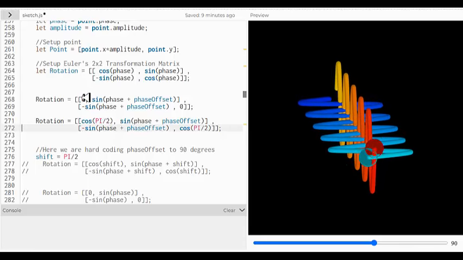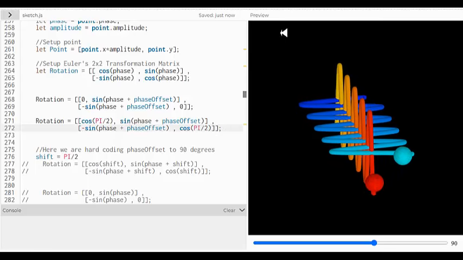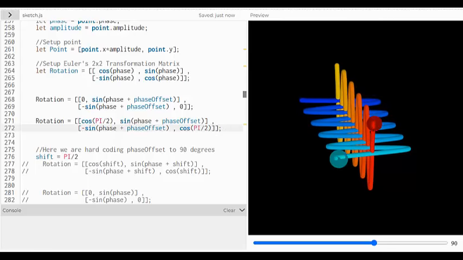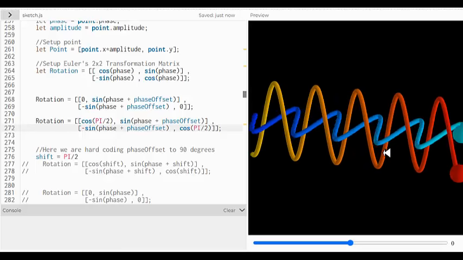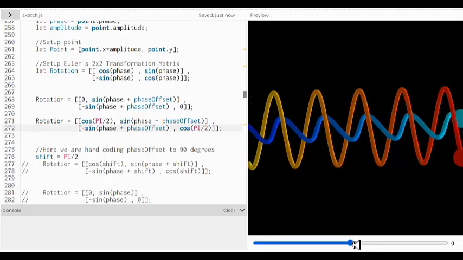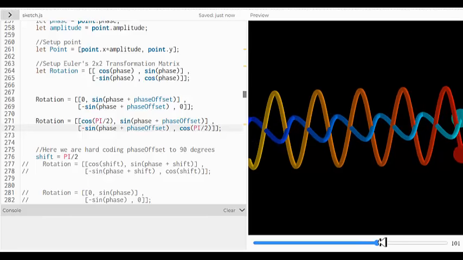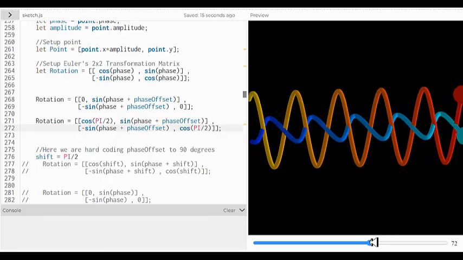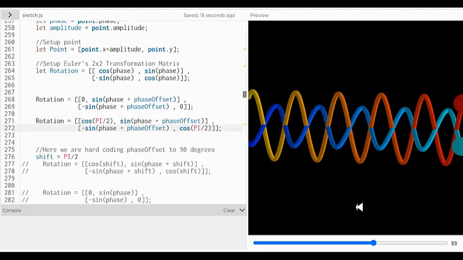So I can replace the 0 with a cosine of pi over 2 on these two entries, and we will end up with the same result. We still have this out of phase problem though, but if I set my extra phase to 90, then these two phases become in phase in time.